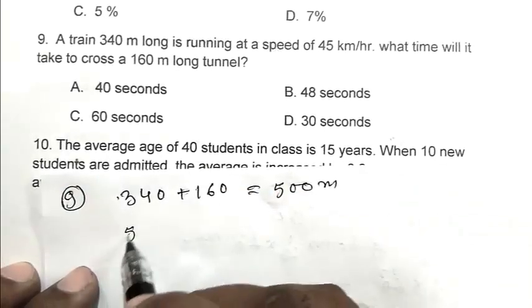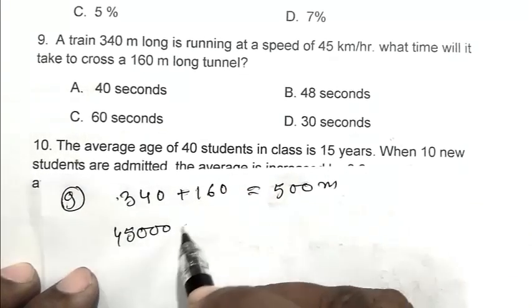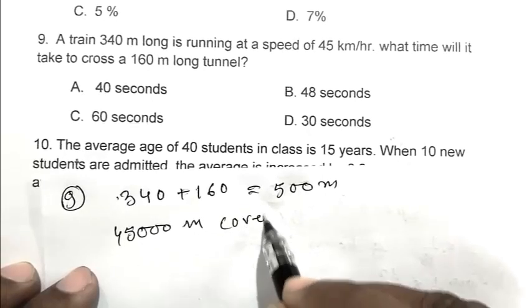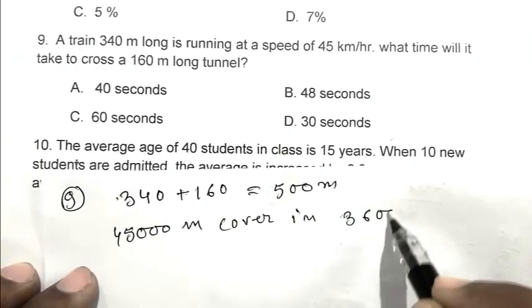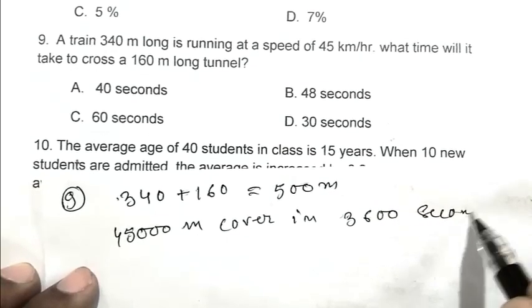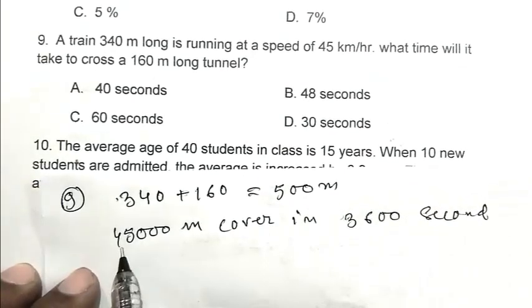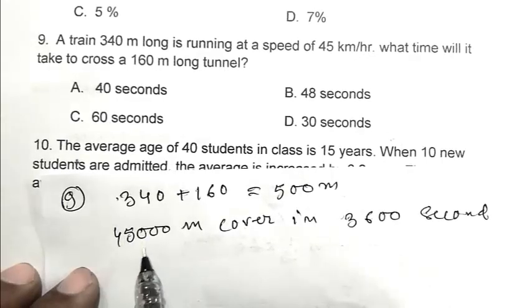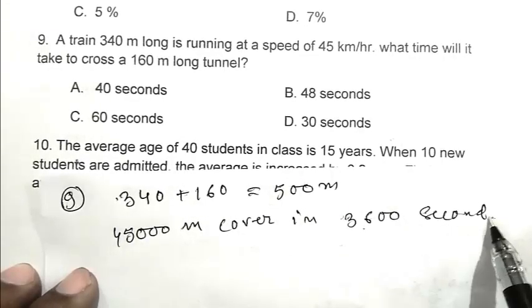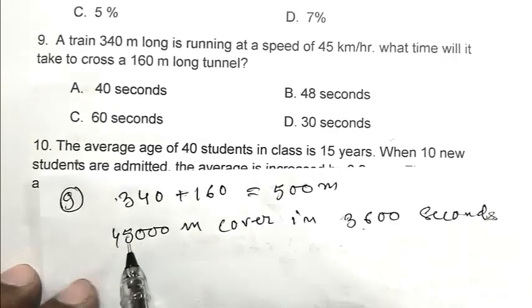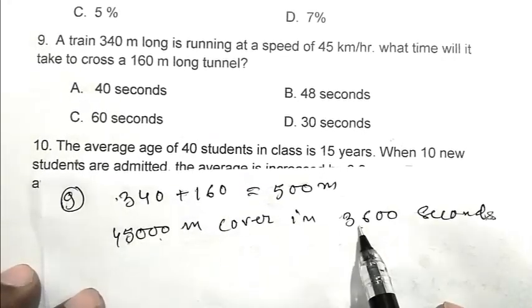Speed is 45 km per hour, so 45,000 meters are covered in 3600 seconds. We convert kilometer to meter and hour to seconds.